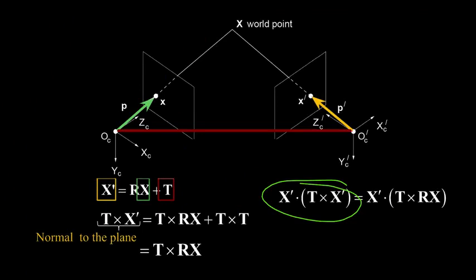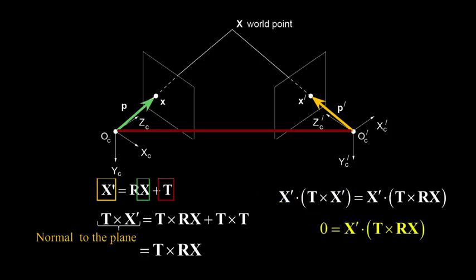A vector that's perpendicular to the plane containing t and x prime. So it's perpendicular to t and it's perpendicular to x prime. And then I dotted it with x prime. So what am I going to get? 0, right? Because it's perpendicular. And if everything goes well, there it is in yellow: 0 is equal to x prime dot t cross Rx. Okay? So far so good? Good.